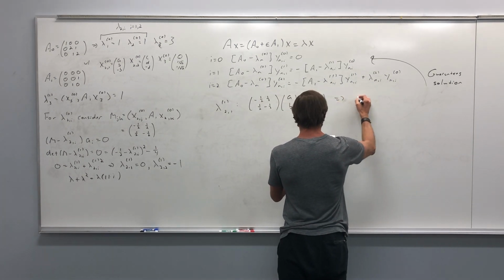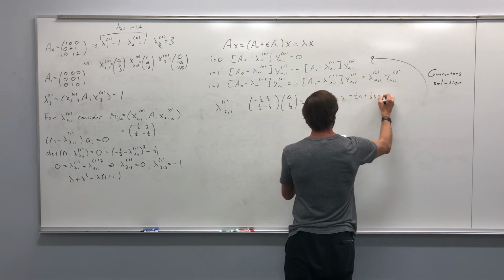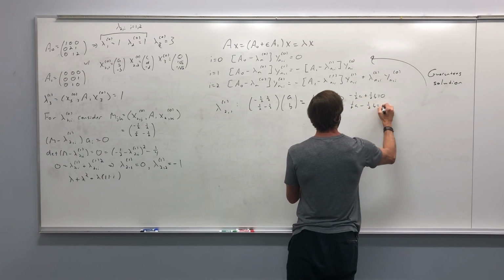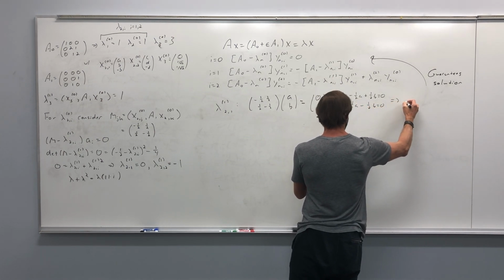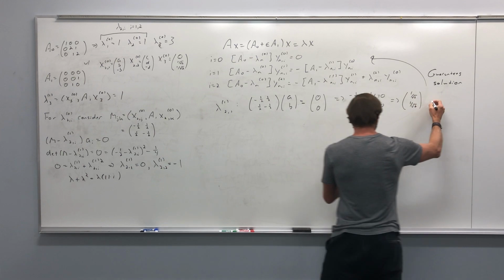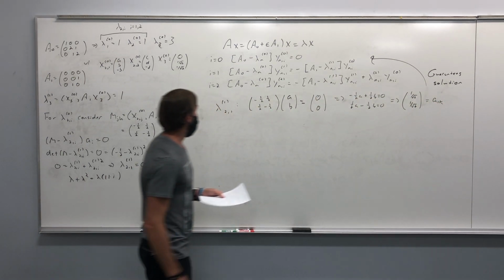And this tells me that minus 1 half A plus 1 half B equals 0, or 1 half A minus 1 half B equals 0, which altogether tells me that A is equal to B, so 1 over root 2, 1 over root 2 is the matrix of corrections.